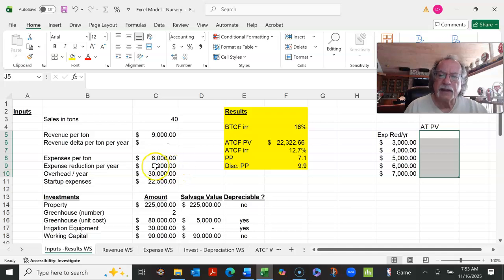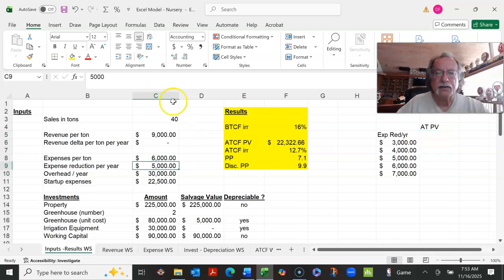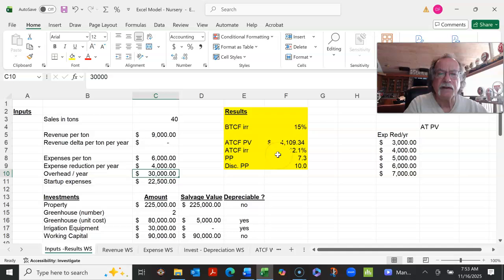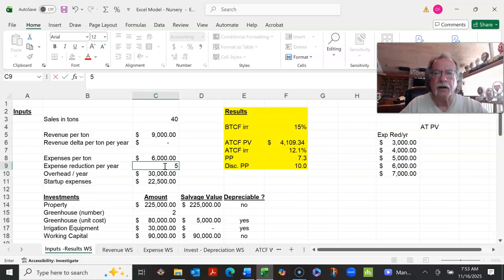Okay, so let's just say I want to test, what if it's not 5,000, what if it's 4,000? We're not as good as we thought we'd be. Well, I can pop this number in here, and it's going to ripple through to the expense worksheet and into the after-tax cash flow worksheet, and it will change the present value from 12.7% to 12.1%. And we can put together a table by the brute force method of just doing trial and error here.